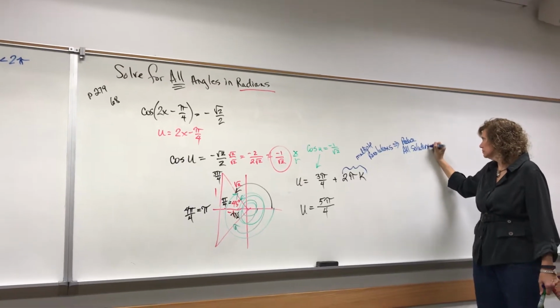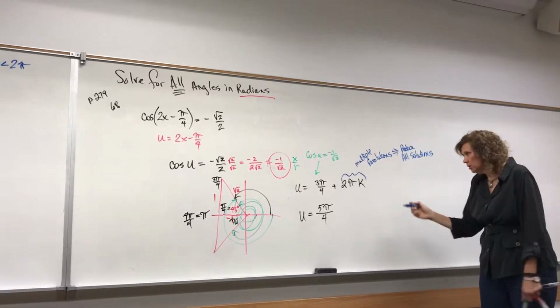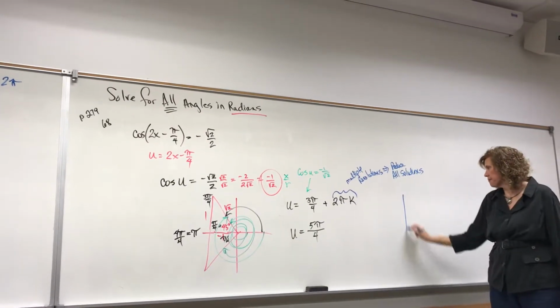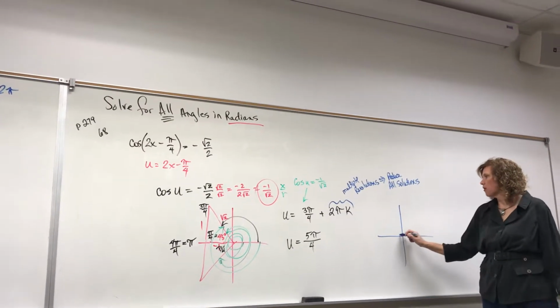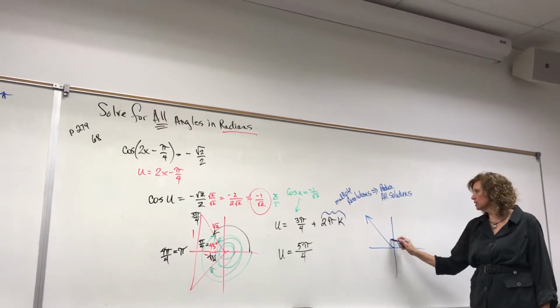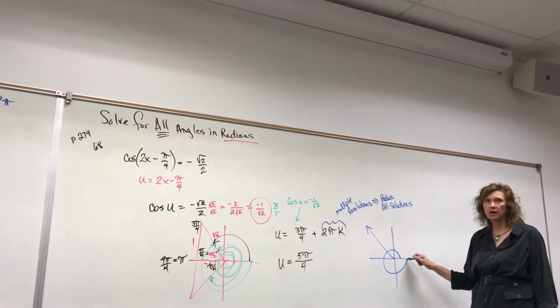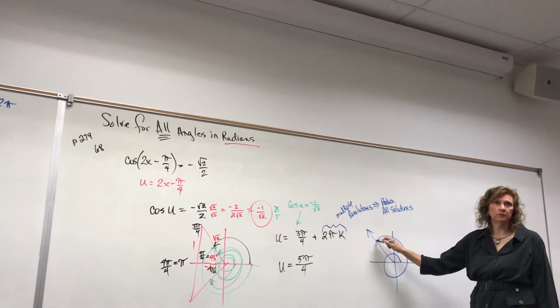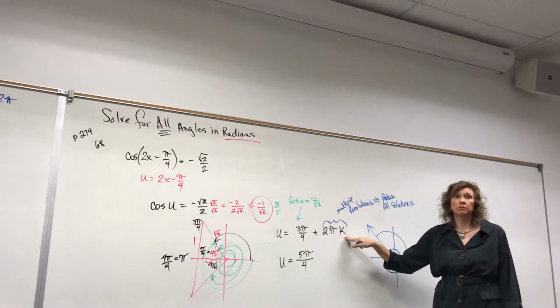And how'd you come up with 2 pi k? K is revolutions. So if I go once around, that's 2 pi, plus I want to end up there, so I'm going to add the 3 pi over 4. So that would be where k is 1.